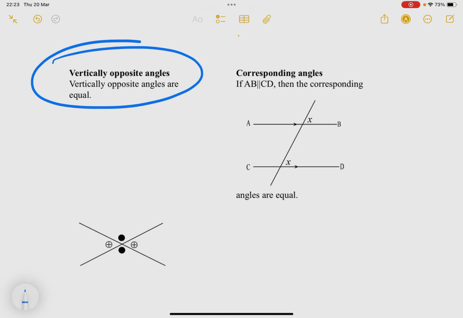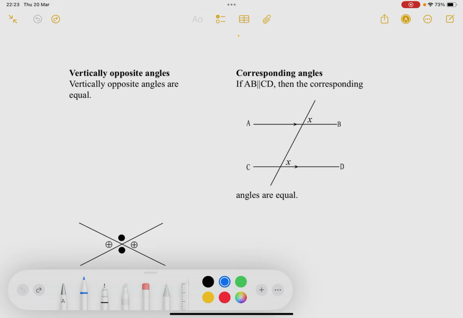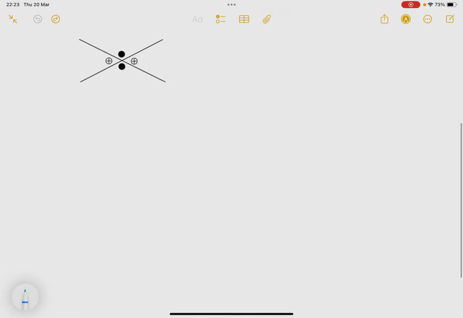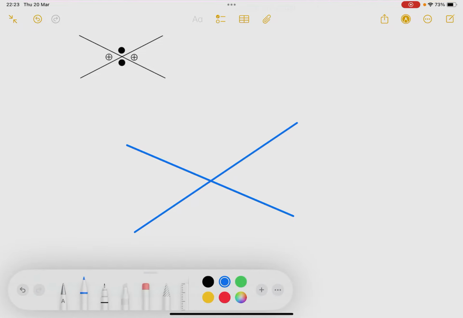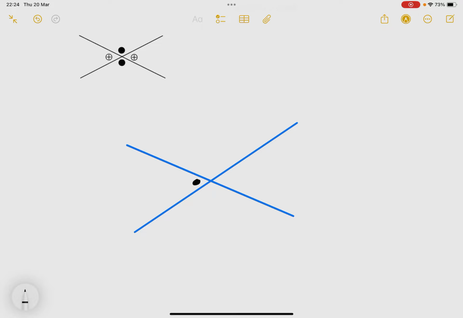Now, what do we mean when we say vertical opposite angles? Let me show you. Let's say we have a line like this, and another line like that. Do you see this angle? Its opposite is this one.